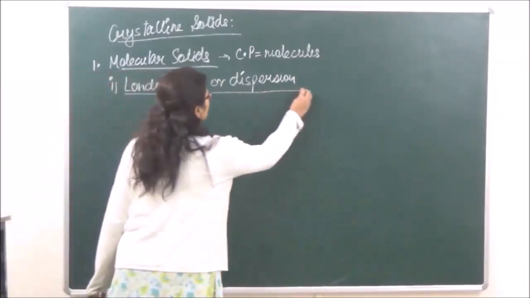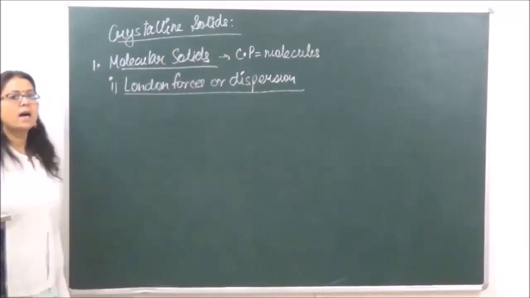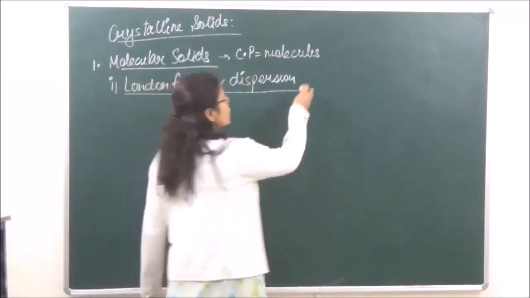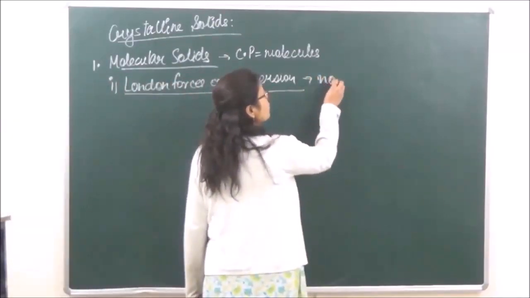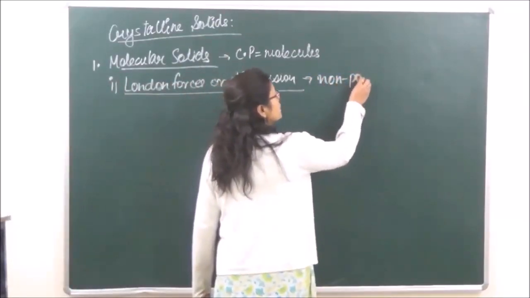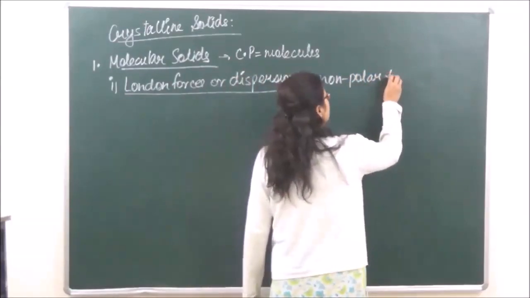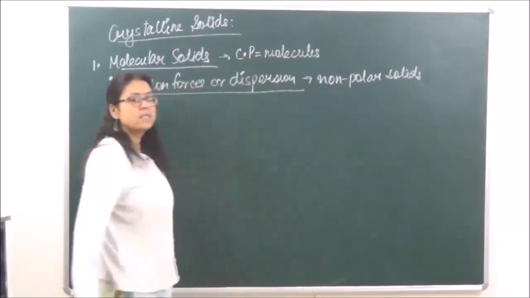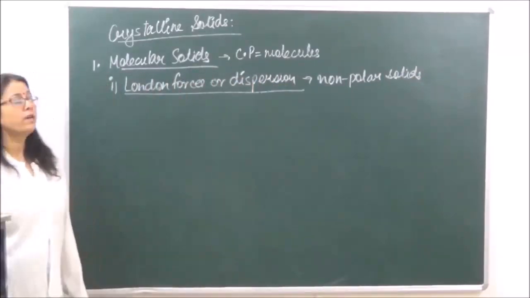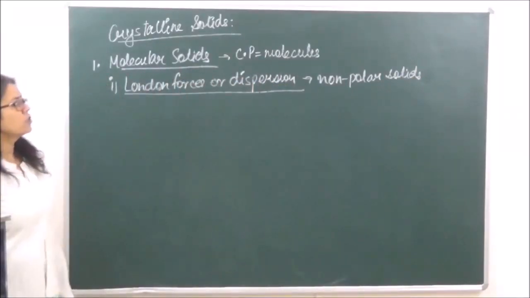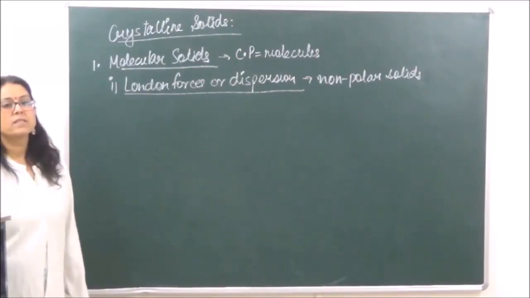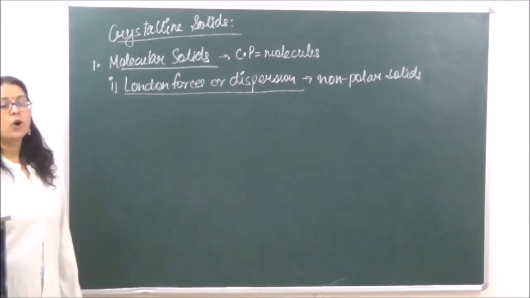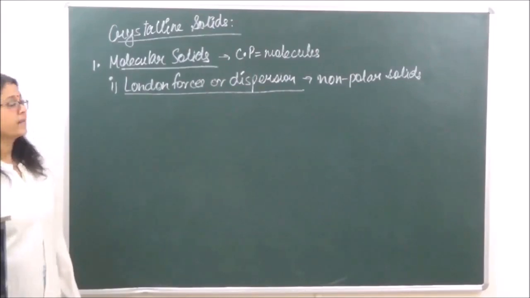These types of forces of attraction are present in non-polar solids. London forces or dispersion forces are present in non-polar solids. Non-polar solids means that both the atoms are identical.